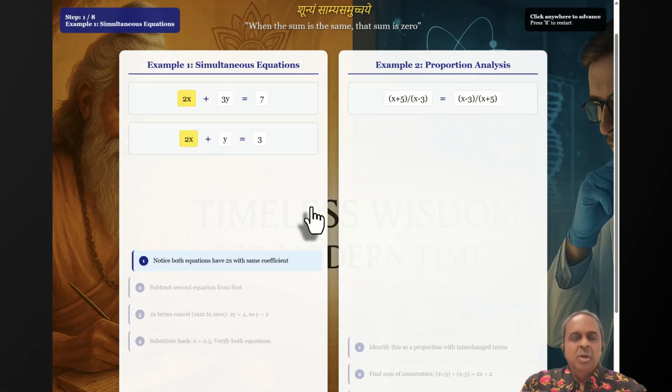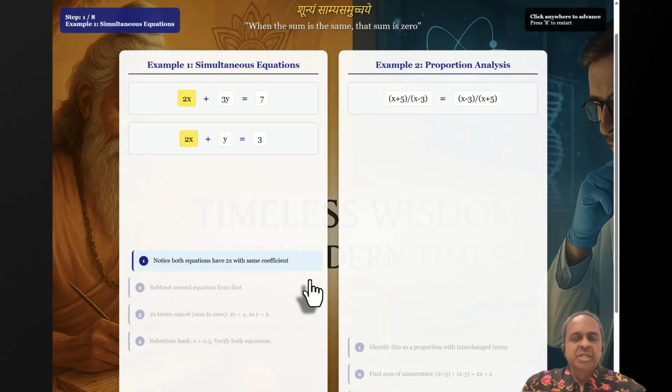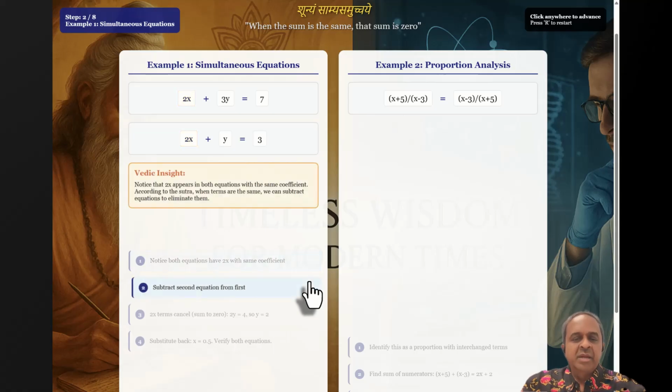So what's the first step here? You notice that both equations have 2x with the same coefficient. Then, as step two, you can subtract one from the other.